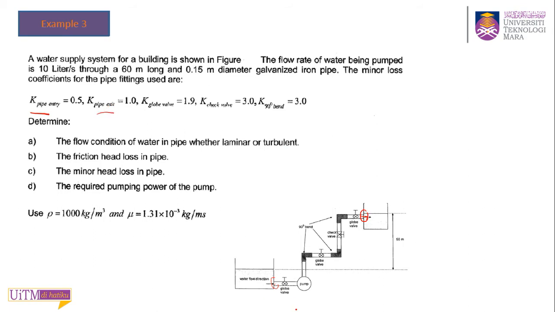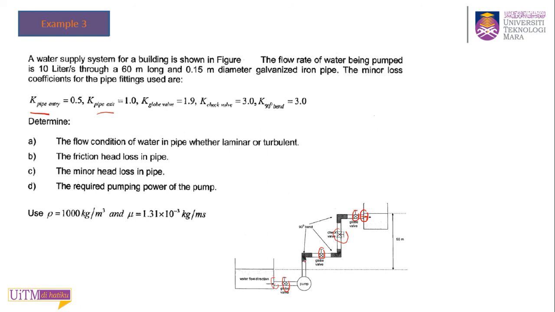And you have a valve, globe valve, 1 globe valve, 2 globe valve, and 3 globe valve. So they give you the minor losses coefficient for globe valve, 1.9. And you have a check valve. So check valve also has minor losses. So they give you the minor losses coefficient for check valve, 3.0.